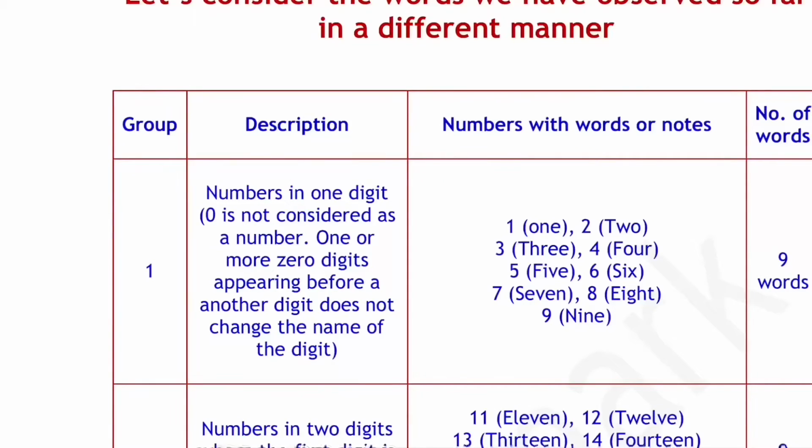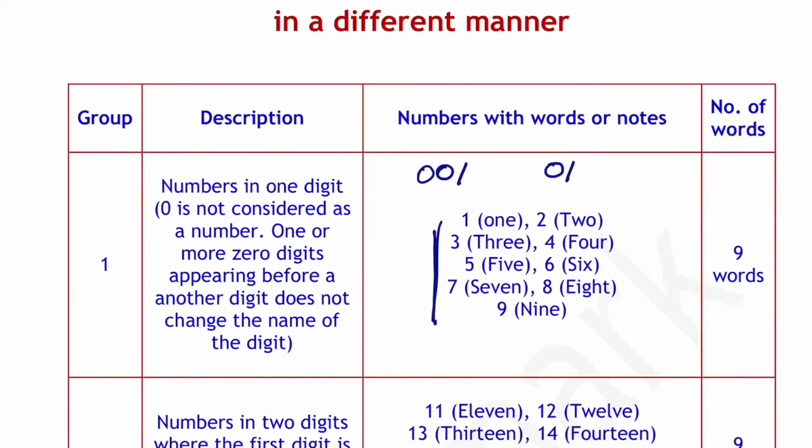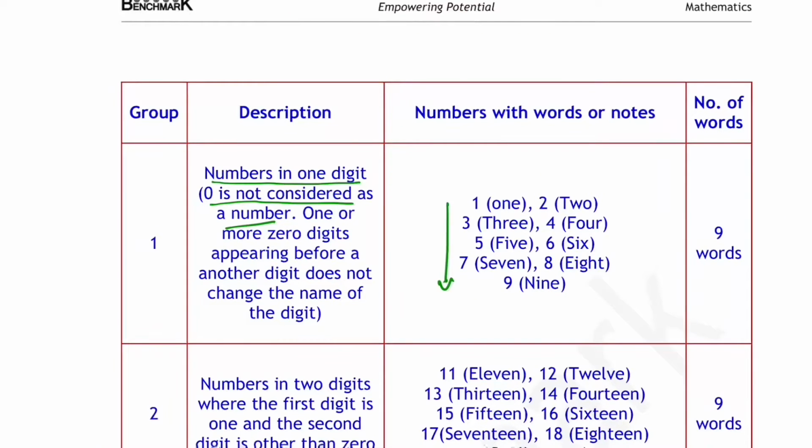Digit 1 to digit 9 can be identified as numbers in 1 digit. 0 is not considered as a number, but when 0 appears before a particular digit, there is no change in the name. So if you want, you can add many zeros in front of 1, it is still 1. Thereby, we have 9 words for that category. I will identify those 9 words as group 1 words.